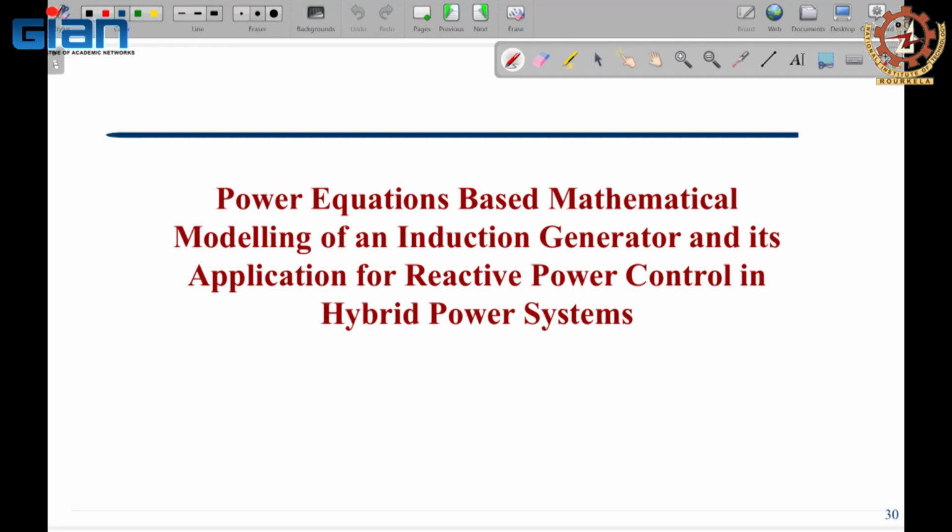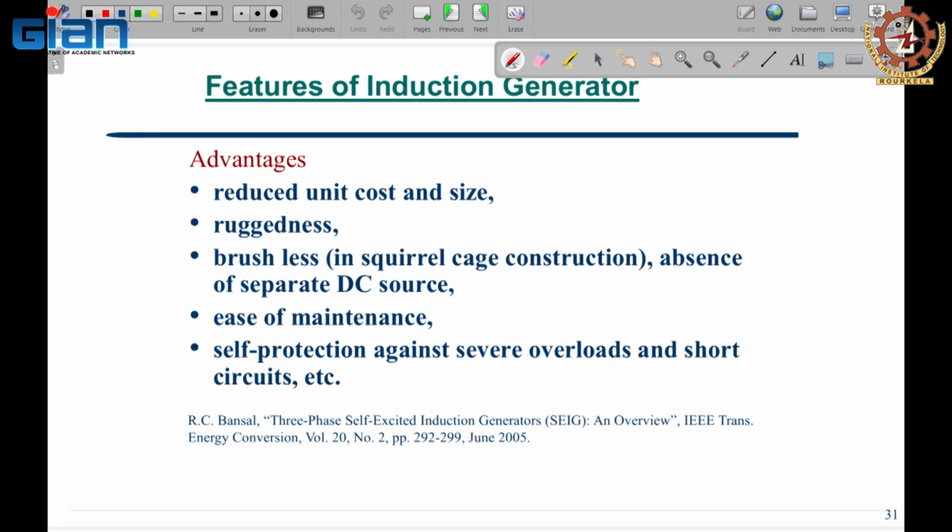For the synchronous generator, you can find a lot of literature available, but for the induction generator you don't find much literature talking about modeling, particularly for reactive power control in hybrid power systems.